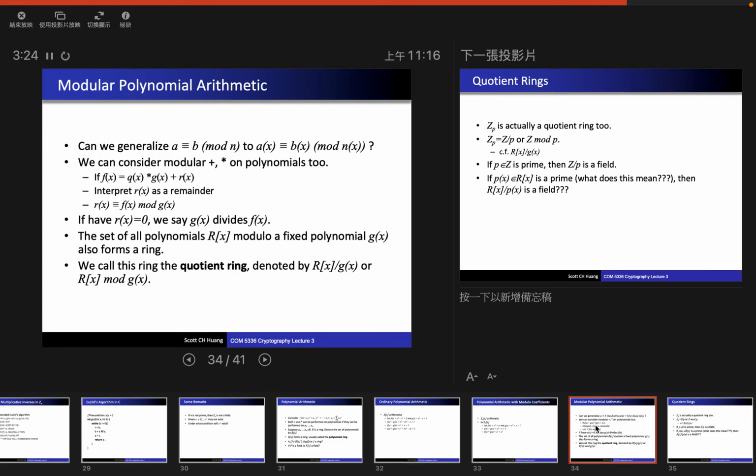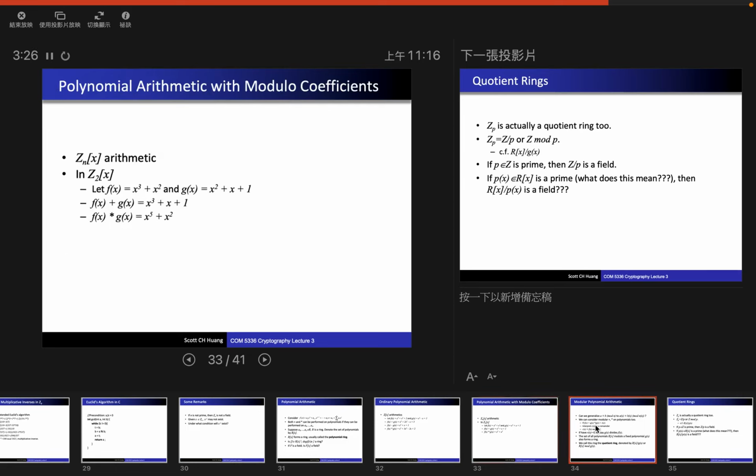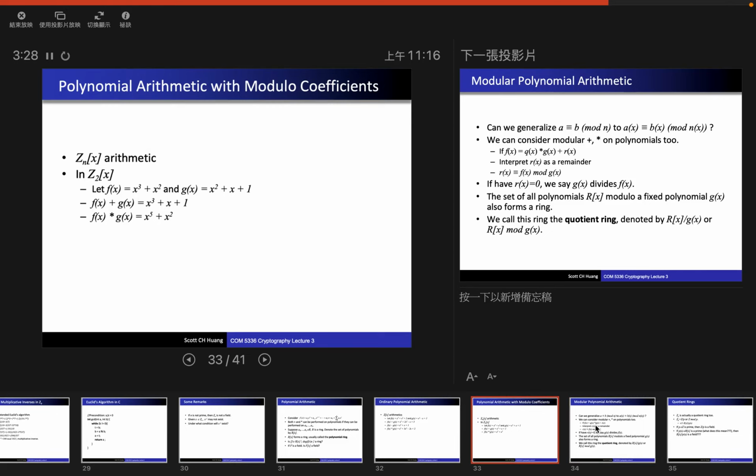Now, this is still not enough. The reason is when two polynomials multiply, the problem is the degree grows.